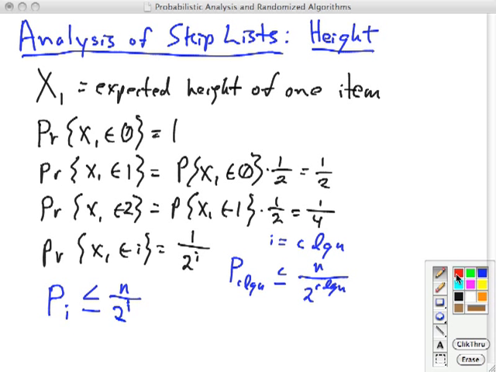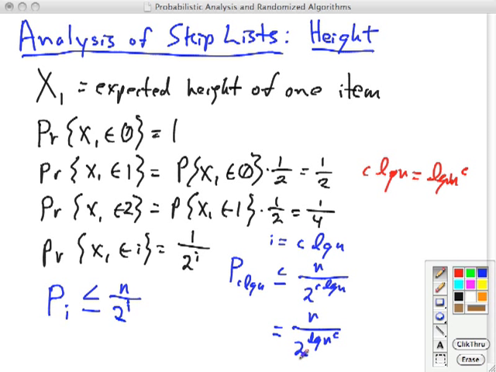Well, what can we do with this 2 to the c log n bit here? Well, we're going to use the formula c log n is equal to log n to the c, that c is on the end there. So that lets us rewrite this formula. This is equal to n over 2 to the log n to the c.